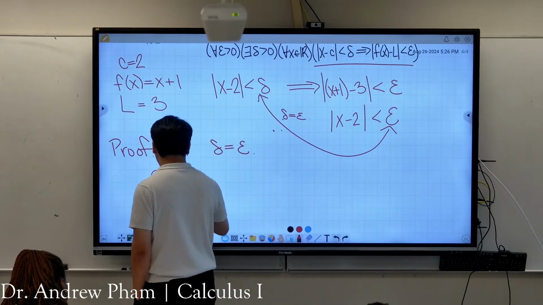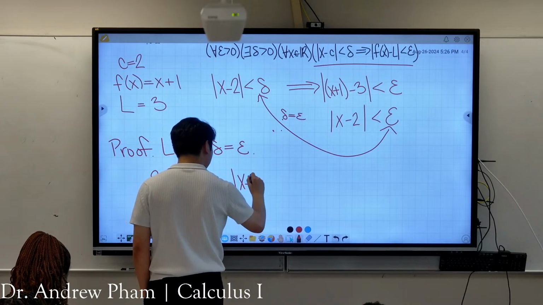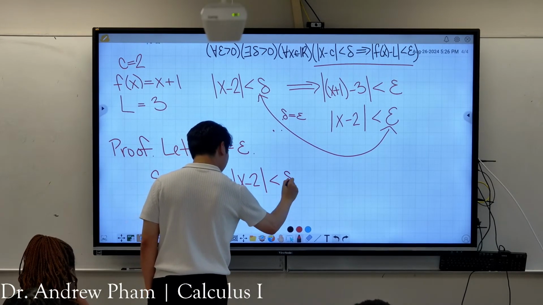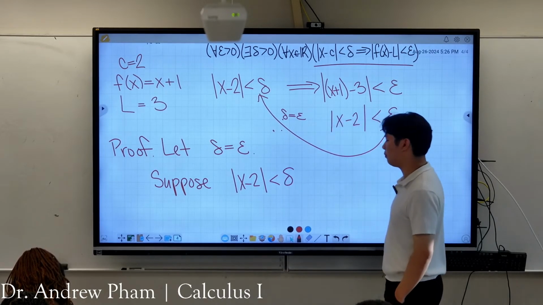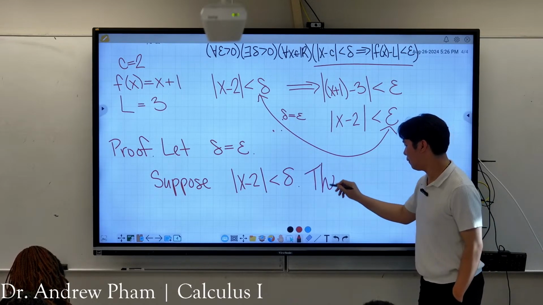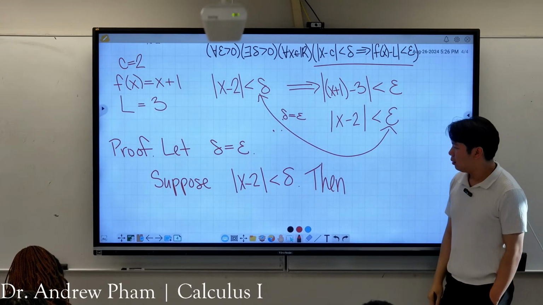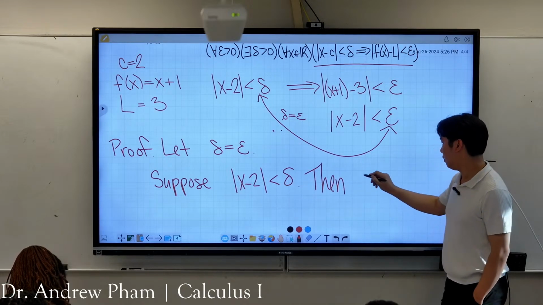And suppose we do have x minus 2 less than delta. It's an ugly delta. Then what? Well, what can I say about x minus 2?